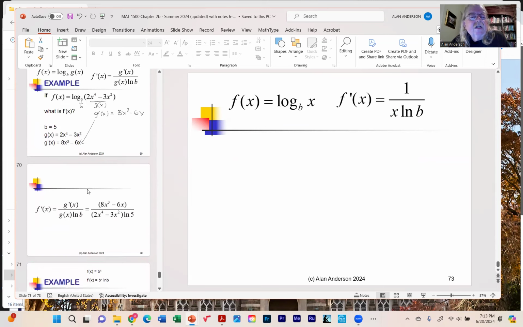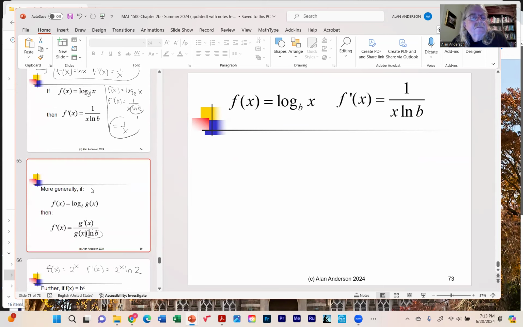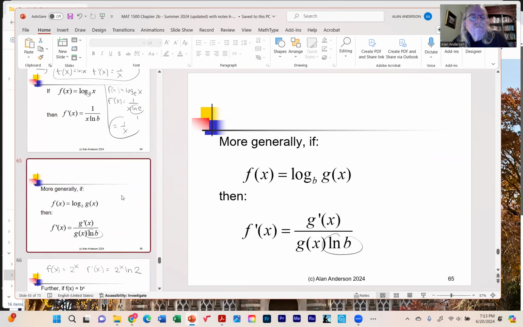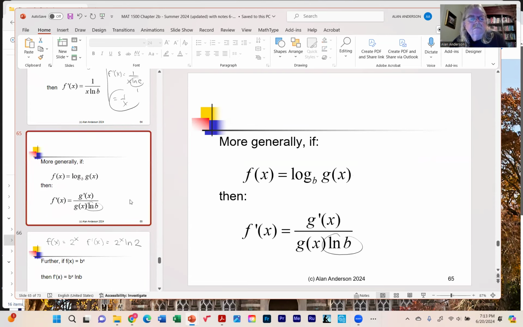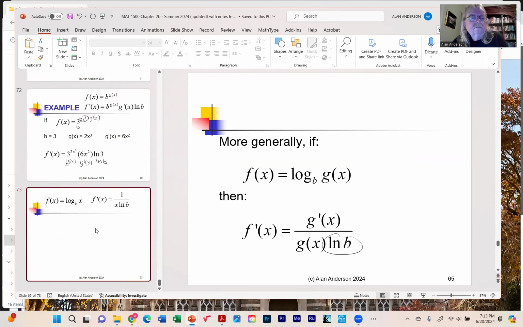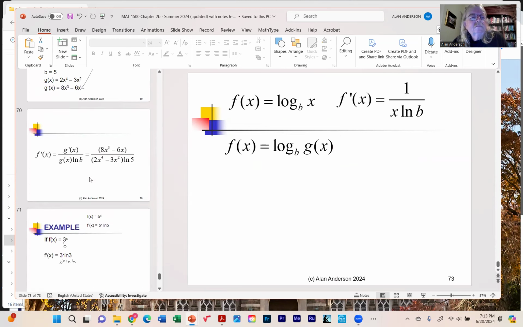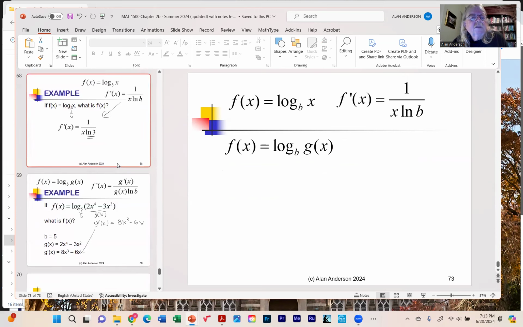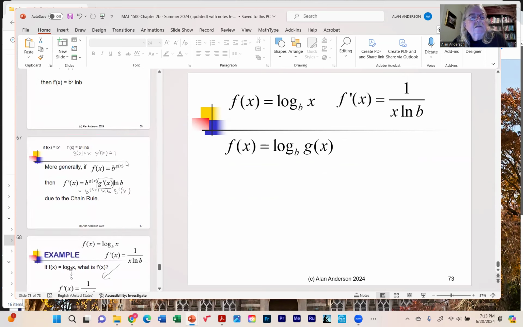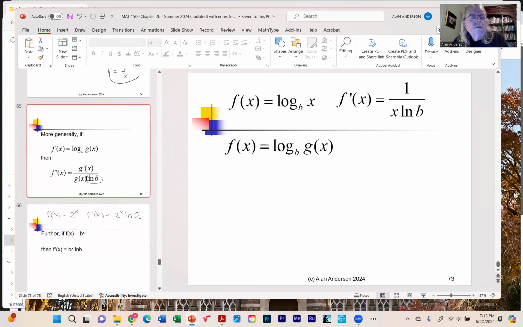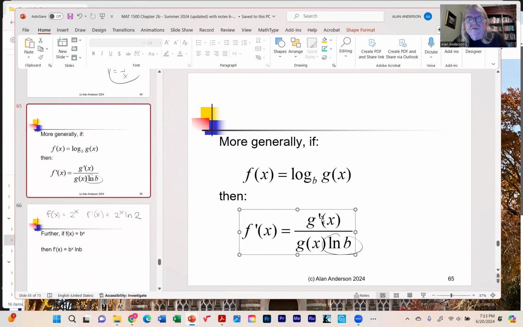And then when we have the log of g of x, we'll end up with this is our derivative.